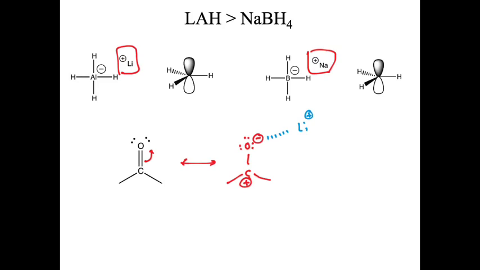Okay? Lithium versus sodium. What's the difference between those? Size. What does that size say? Sodium is bigger than lithium. If sodium is bigger, what happens to the interaction between the oxygen and the sodium? It's weaker, which means the oxygen is less stable.